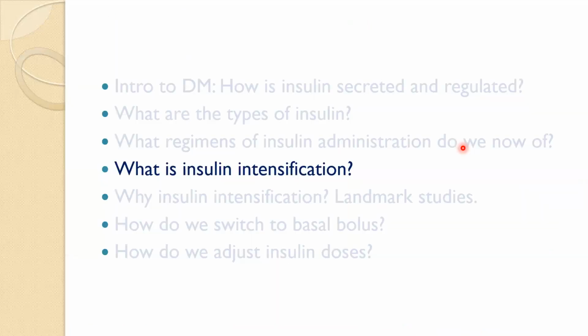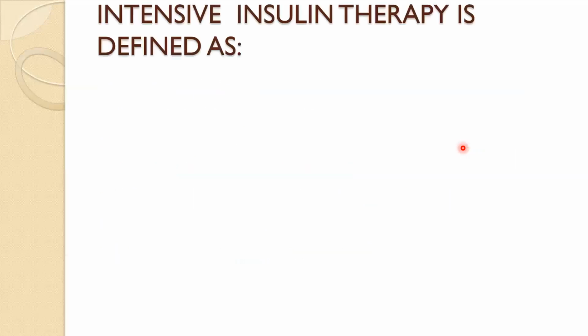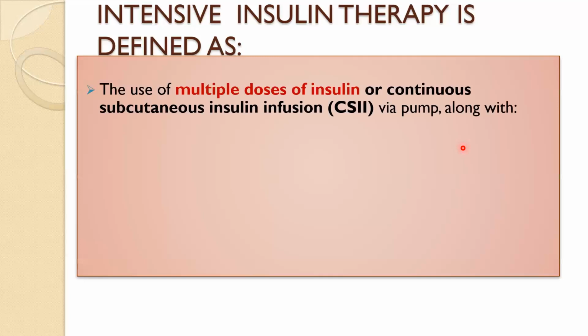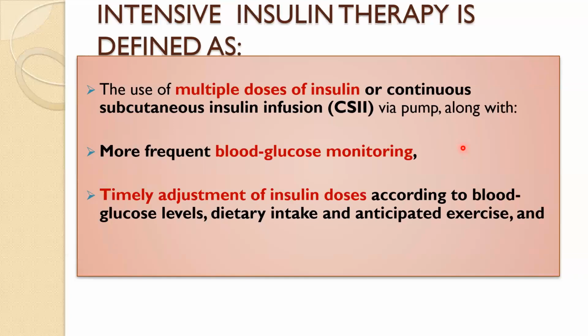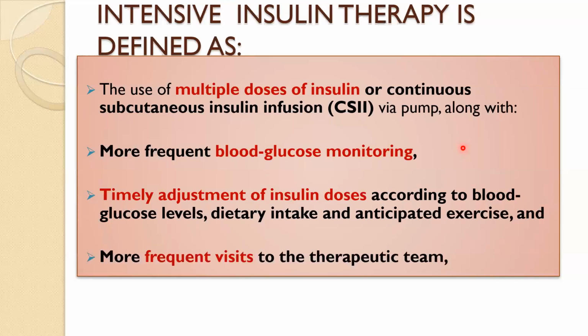The next discussion is what is insulin intensification? So insulin intensification is defined as the use of multiple doses of insulin or continuous subcutaneous insulin infusion, that is using a pump. But this is not just it. It has to be accompanied with more frequent blood glucose monitoring and timely adjustment of insulin doses according to the blood glucose levels, the diet that the patient is taking, and the anticipated exercise.